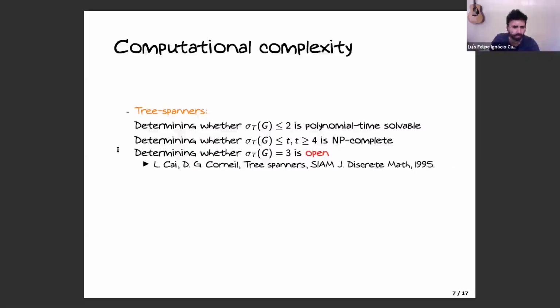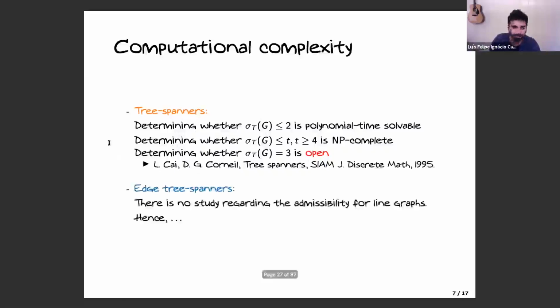And there are several papers dealing with graph classes, approximation algorithms, heuristics, and other aspects of this problem. But considering this approach, determining the stretch index of line graphs, there was no work about that.